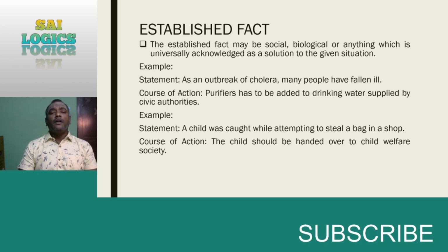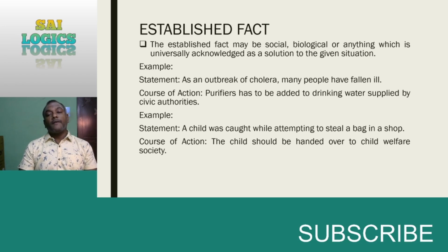Number two, the second example presents a social established fact. Let us see: a child was caught while attempting to steal a bag in a shop. That means a small child, a kid, is trying to steal a bag in a shop and he was caught by a stranger. Now the course of action is that the child should be handed over to a child welfare society.